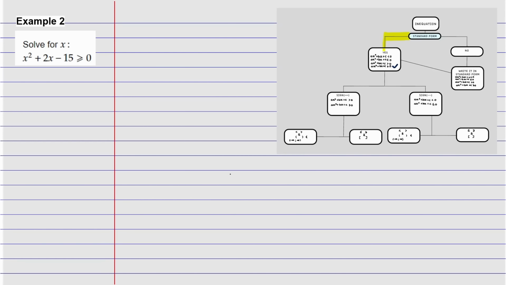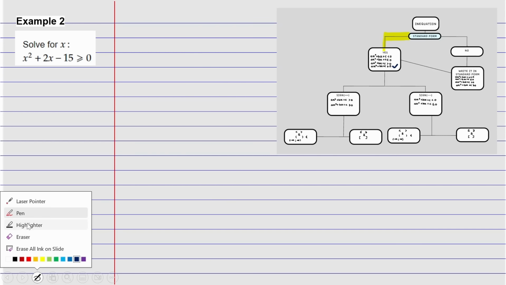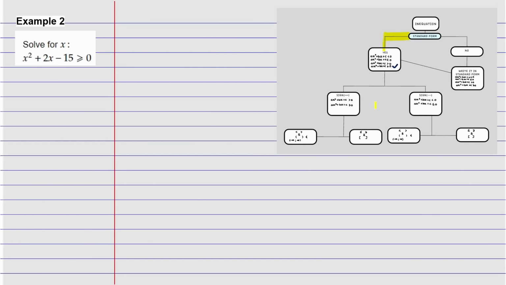Then you're going to ask yourself, which one are we looking for? Are we looking for positives or negatives? And we see the fact that we're looking for positive because it's greater than and equal to, which is this one. So we're going to go in this direction, right? So now we're going to ask ourselves, is it just greater than or is it greater than and equal to? And it's going to be this one, meaning our answer is going to be like this, right? So now we're done treating the diagram.